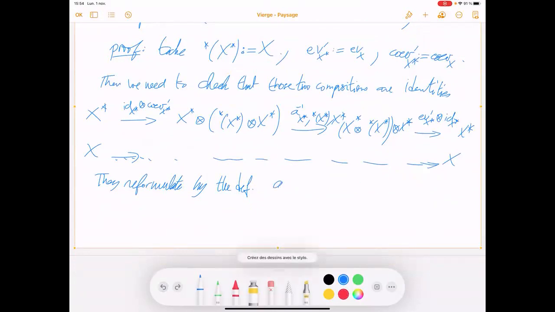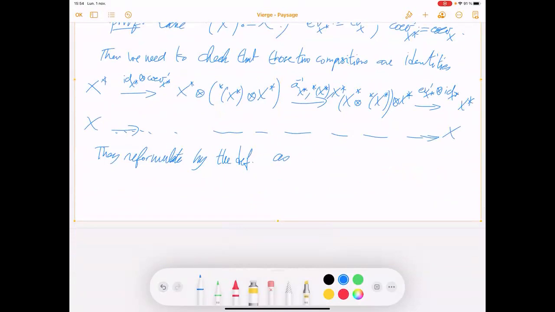So X star, identity of X star tensor co-f prime of X star.